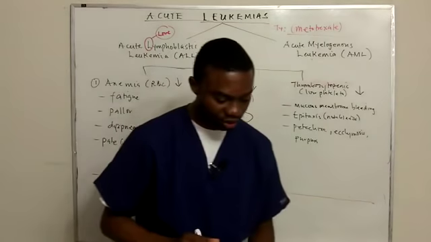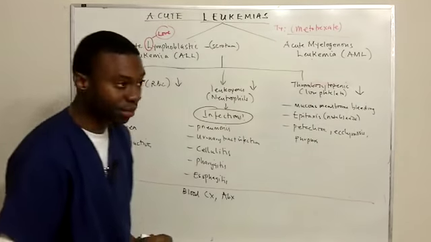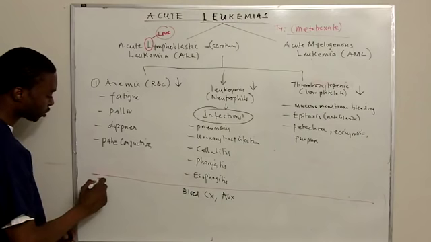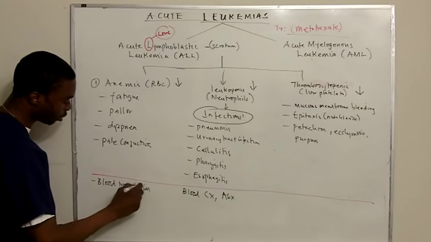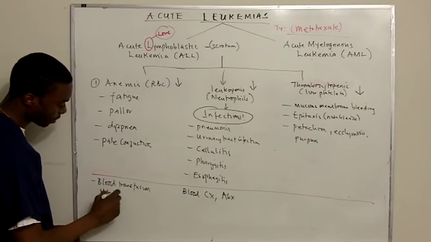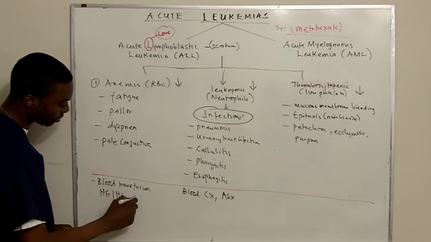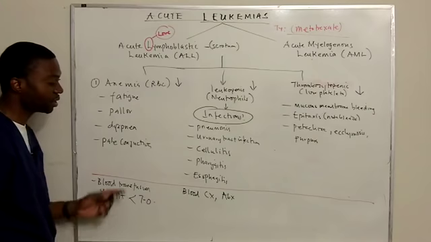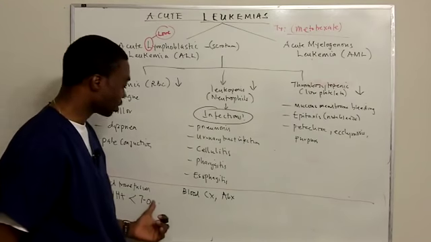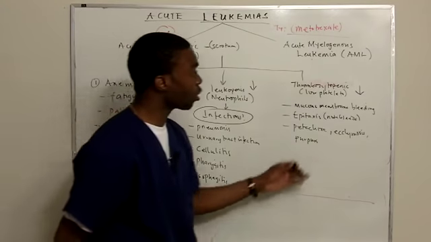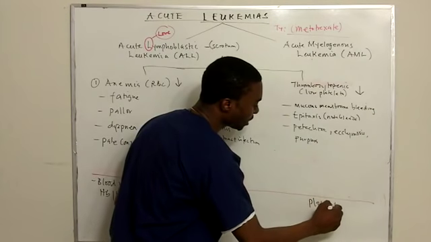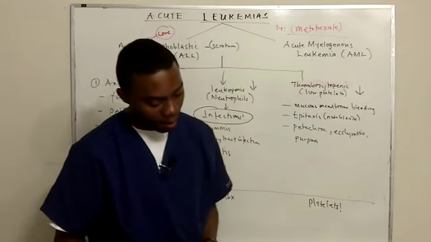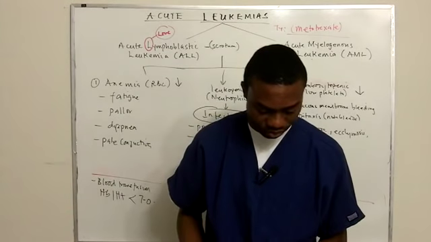If they're anemic, they might require a blood transfusion, especially if their hemoglobin is less than 7. And also, if their platelet count is low, what do we give them? We give them platelets so they stop bleeding.